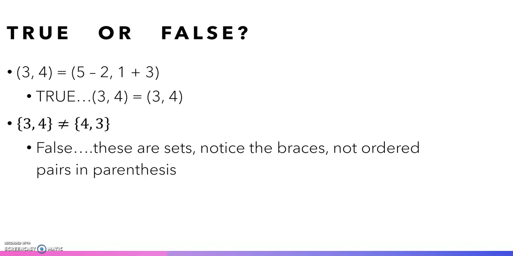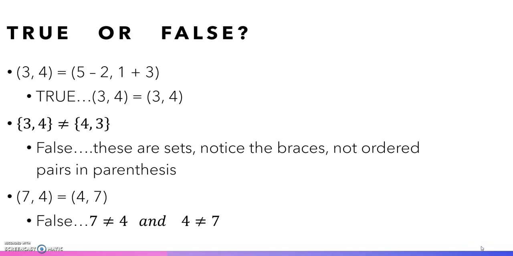They are not ordered pairs in parentheses. So in sets, the order does not matter. Those sets are equal, so that statement is false. (7, 4) equals (4, 7). They are ordered pairs. 7 does not equal 4, and 4 does not equal 7. It is false.